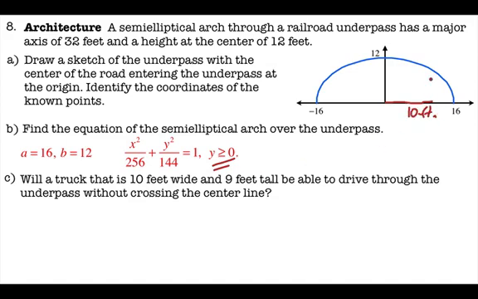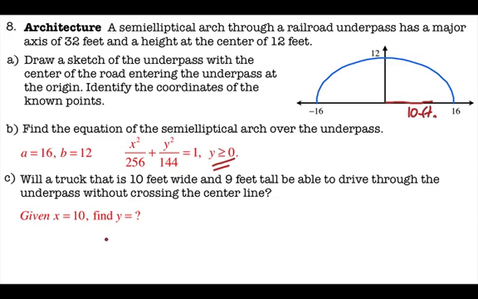And 9 feet tall. We want to see if it will clear this underpass. So what are we going to do? We're going to use the equation of this semi-elliptical shape, and then plug in the x value and find out what we get for the y value.